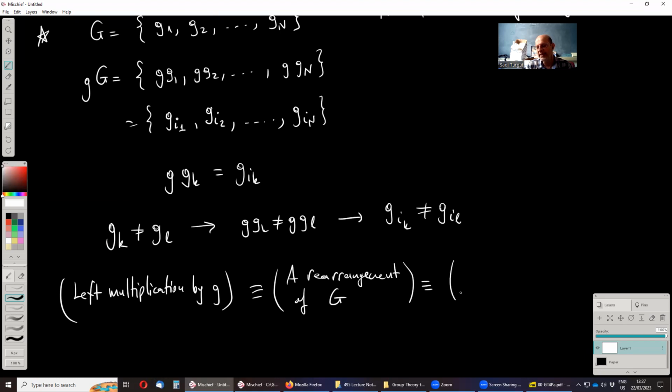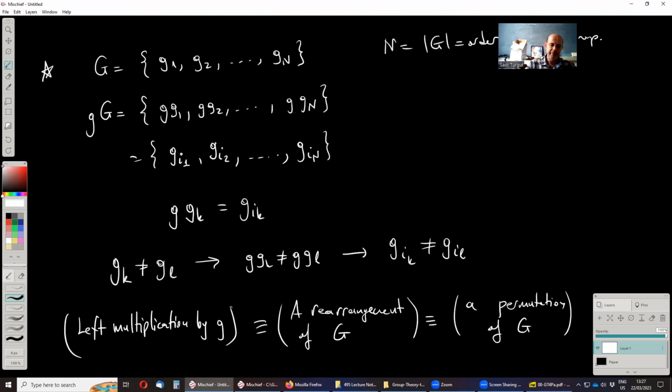I would basically say that this is a permutation of the group elements. So left multiplication by a group element is just a reordering: you get the same elements, but in a different order. That's basically what I'm saying, right? So when people say rearrangement, they're actually meaning this.